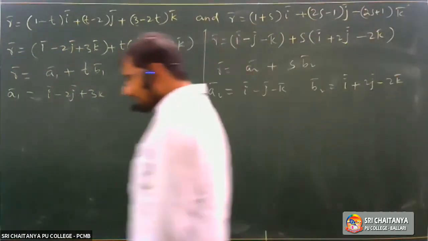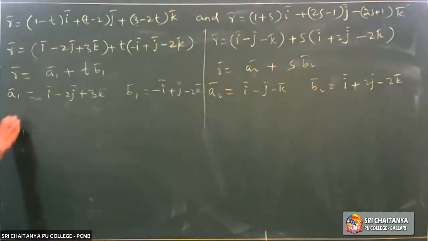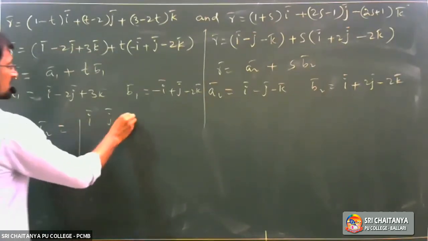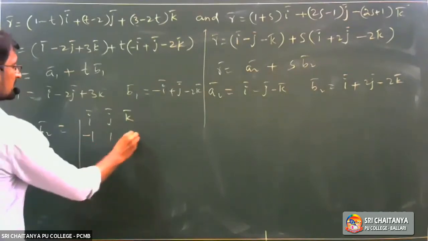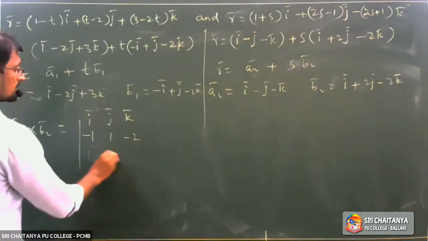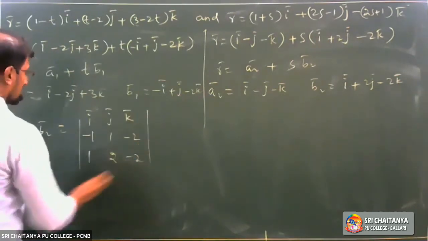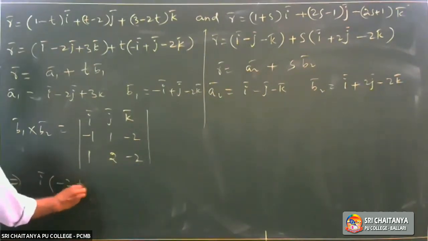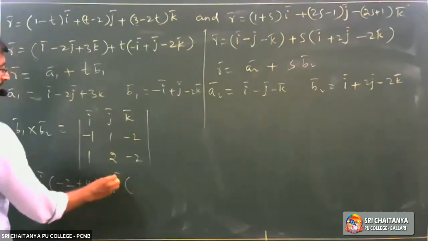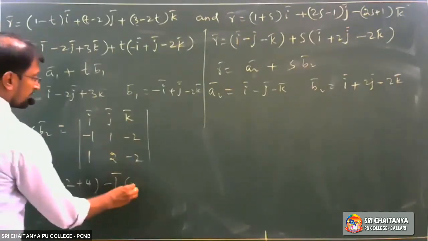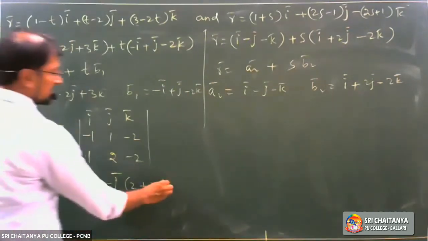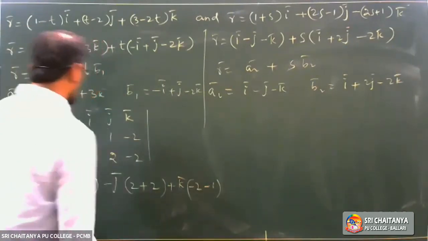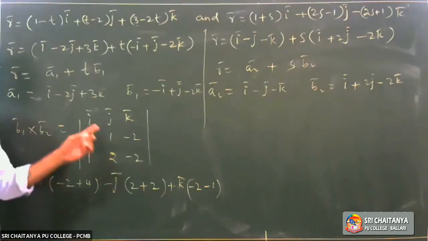Now find the value of B1 cross B2, the determinant of i j k, minus 1 1 minus 2, 1 2 minus 2, which implies i bar into (minus 2 plus 4) minus j bar into (2 plus 2) plus k bar into (minus 2 minus 1).